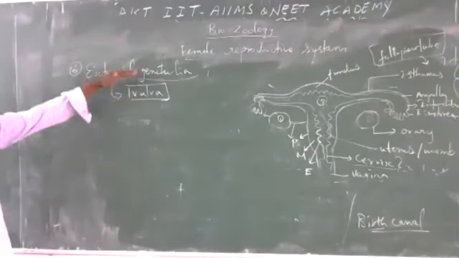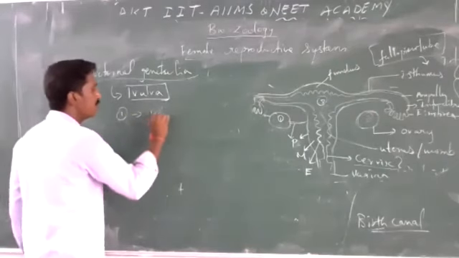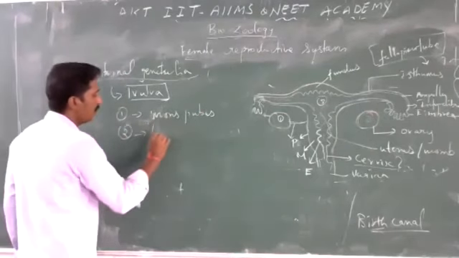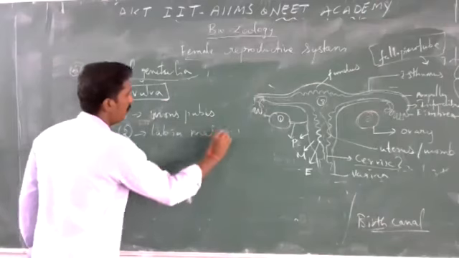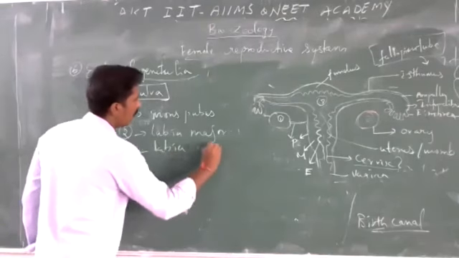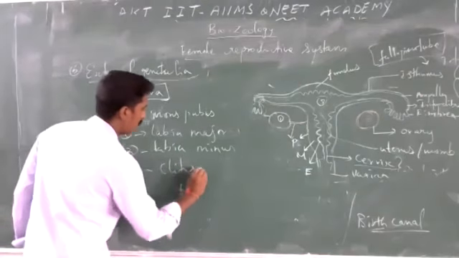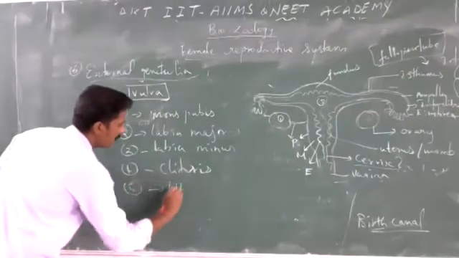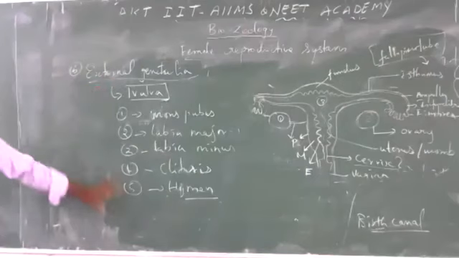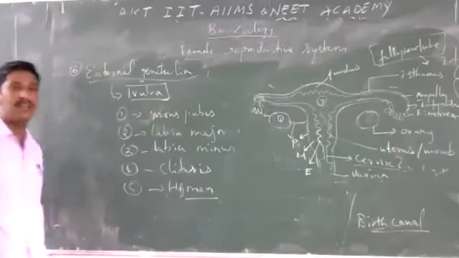The vulva comprises the mons pubis, labia majora, labia minora, clitoris, and finally the hymen membrane. So these are all collectively called external genitalia, also called the vulva in the female reproductive system.